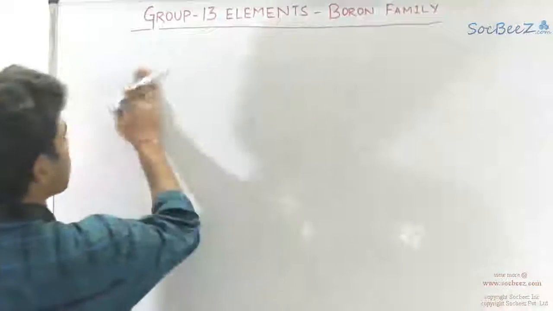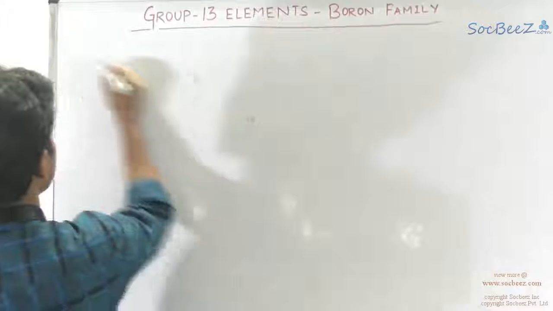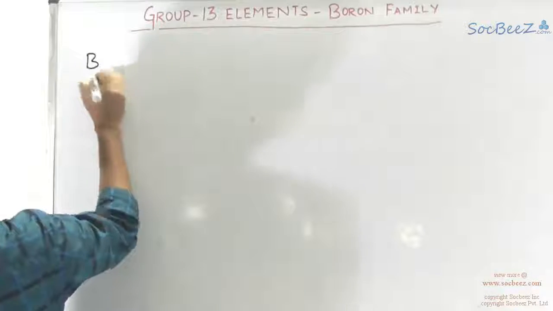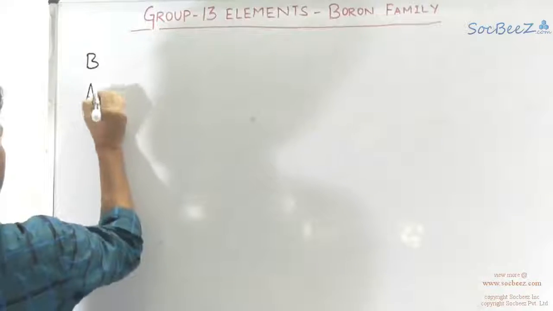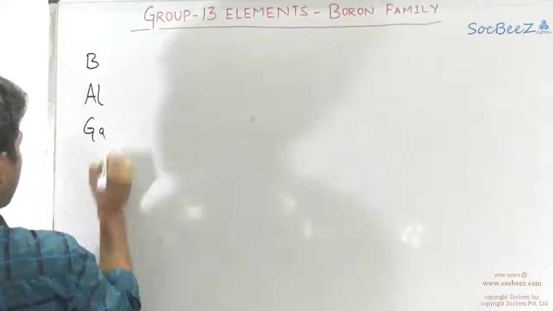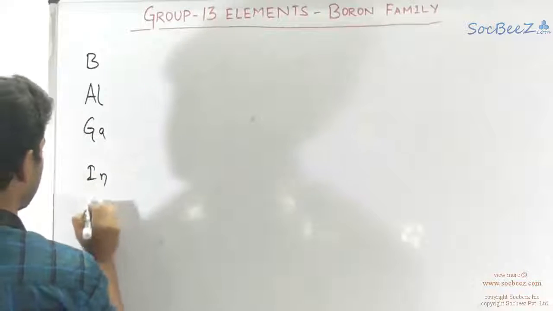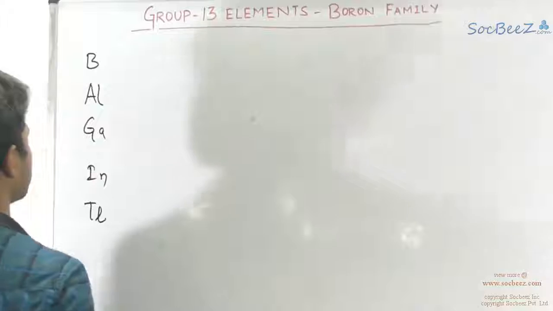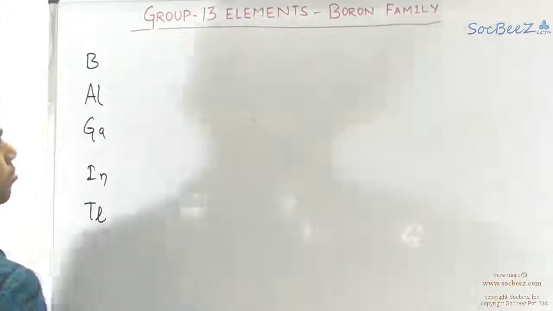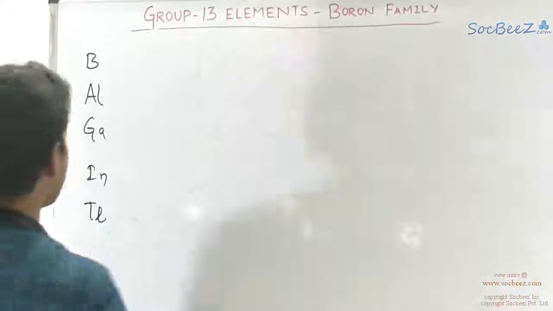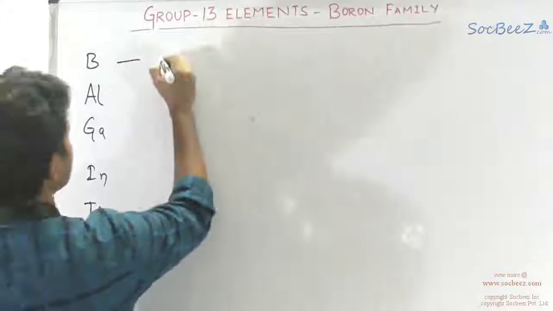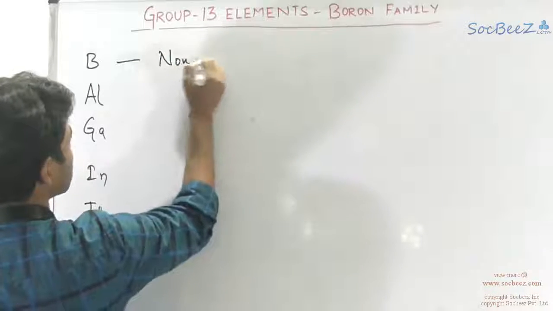Now among these elements, first of all the elements are boron, aluminium, gallium, indium and thallium. These are the elements of the boron family. Boron is a typical non-metal.